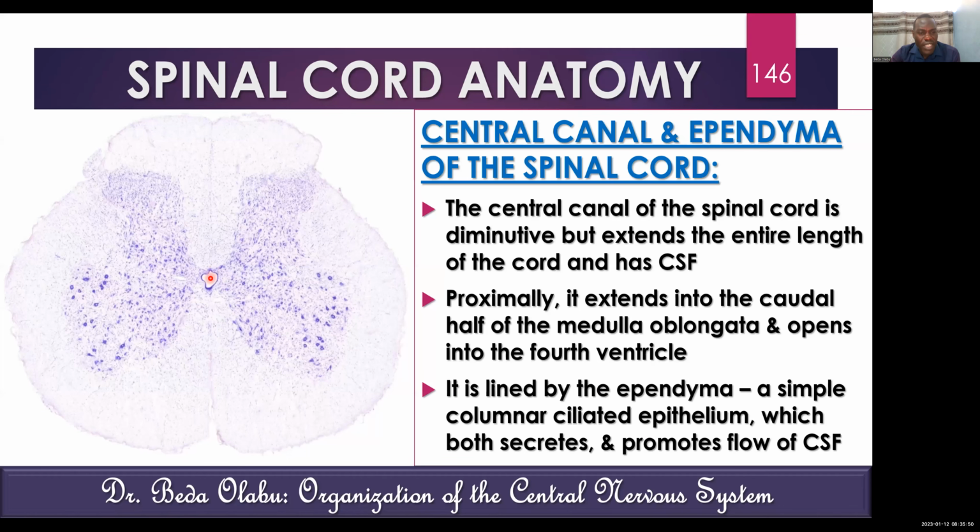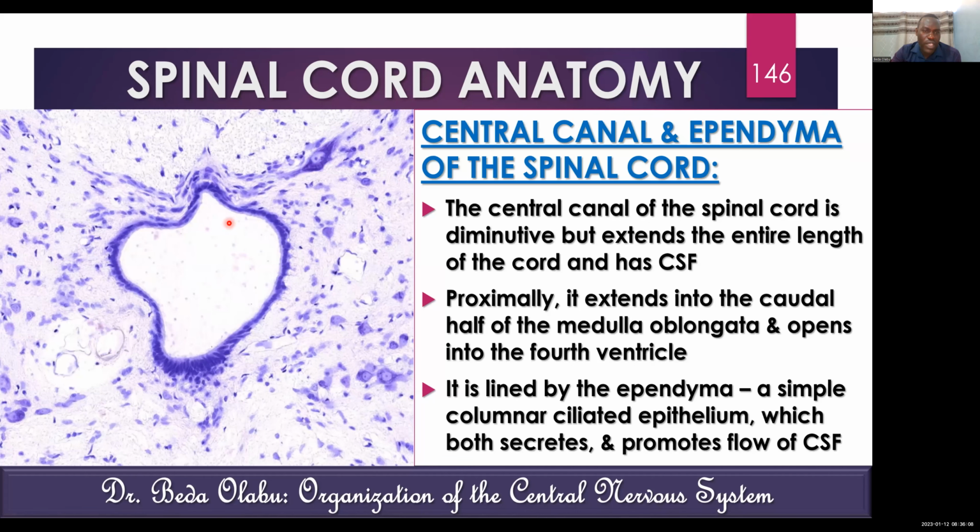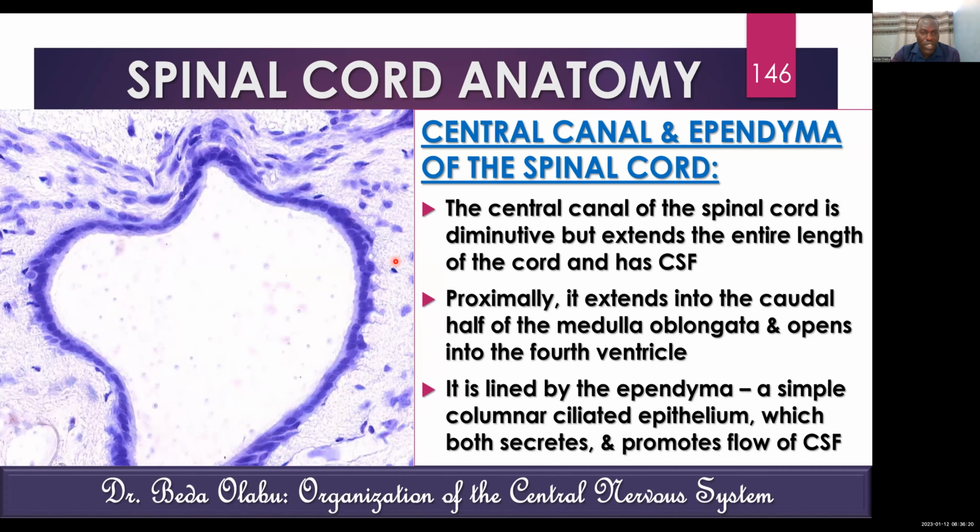In particular, the central canal of the spinal cord is lined by the ependyma. The ependyma is basically a simple columnar ciliated epithelium. Let me show you a high magnification of that. So this shows you simple columnar ciliated epithelium. At this point, you may only appreciate that it's a relatively simple columnar epithelium, but maybe that magnification displays to you the cilia itself, although not very prominent, but it's there.